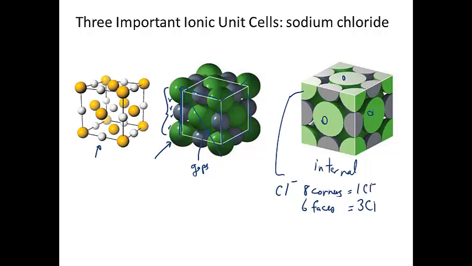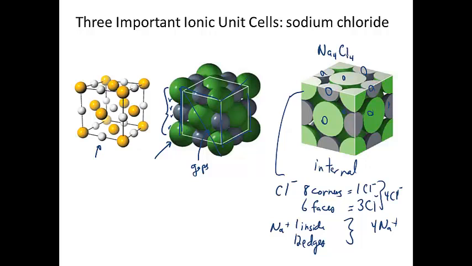So that's another 3 chlorides, so it's a total of 4 chlorides. And then the sodiums, there's 1 inside, hard to see, but it's right in there. And then there are 12 along the edges. So those also add up to 4 sodiums. So one unit cell has the formula Na4Cl4.